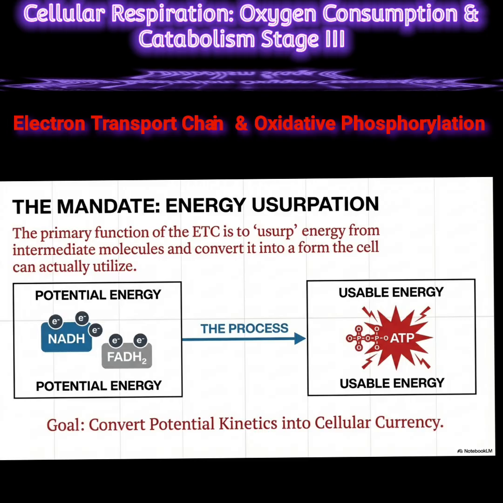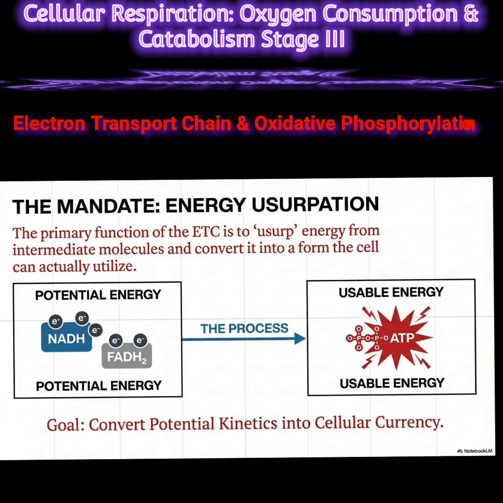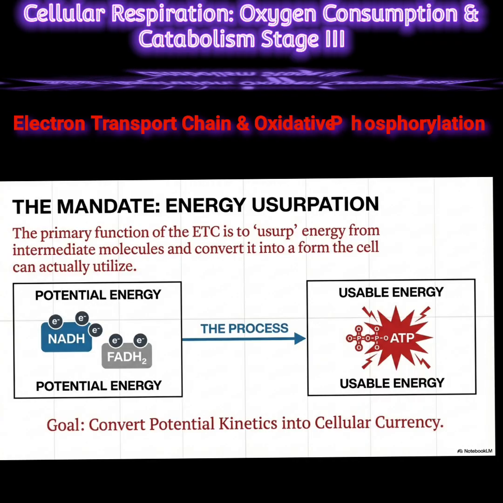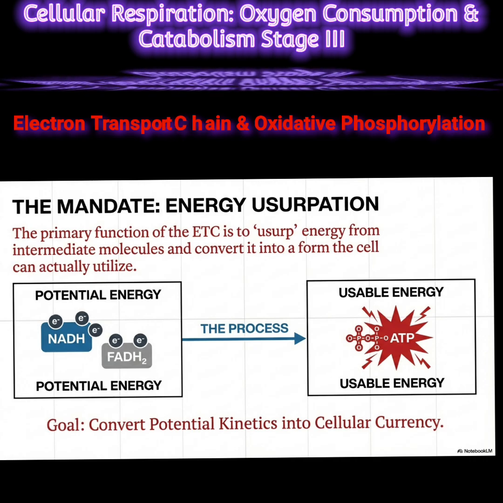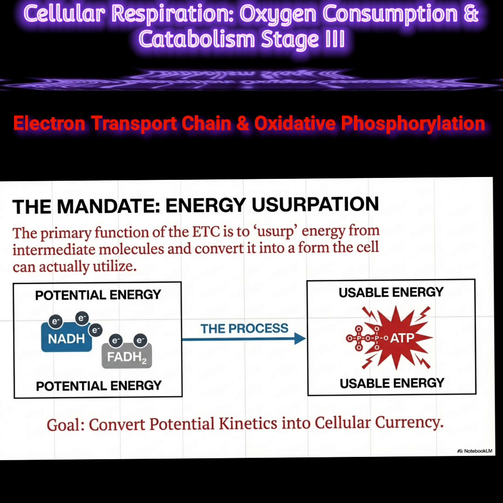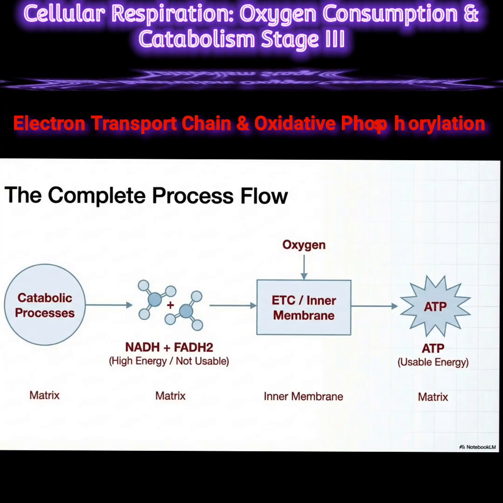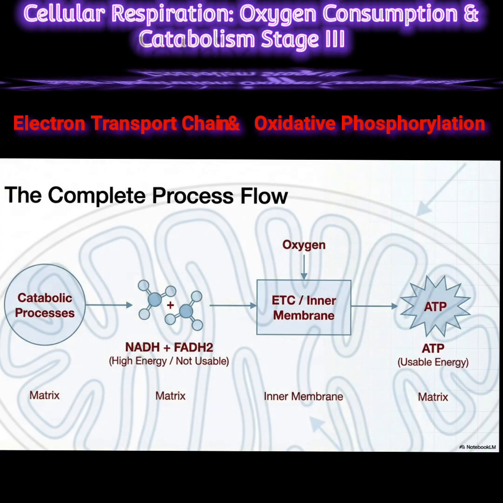These are electron-rich, high-energy molecules. However, as produced, they're not easily usable. In order to get their energy, you want to oxidize them, with oxygen being the final acceptor of those electrons.